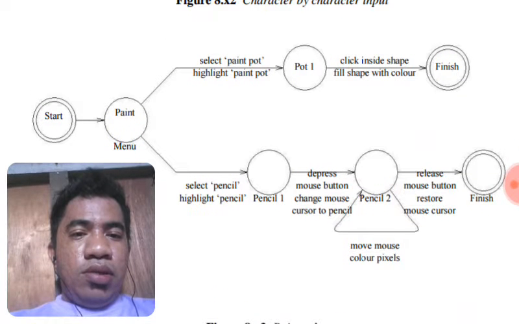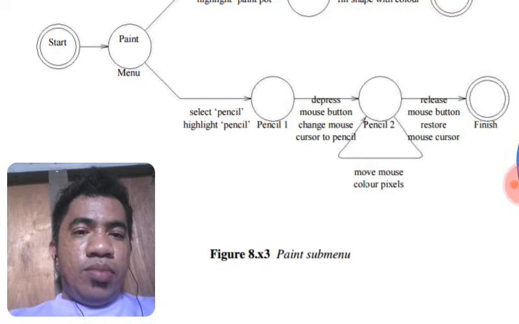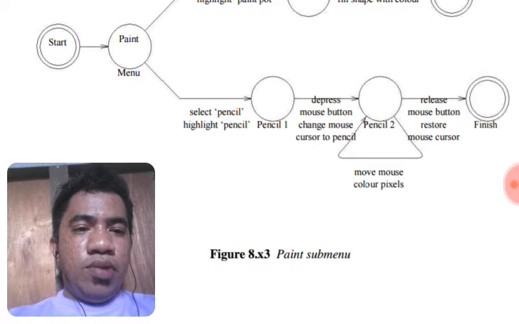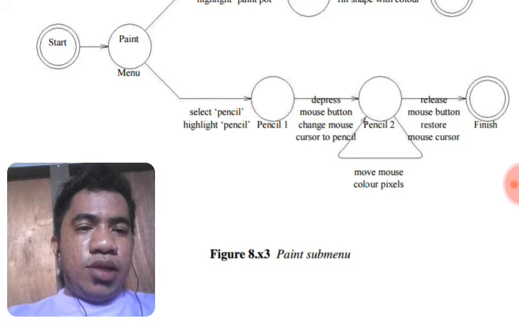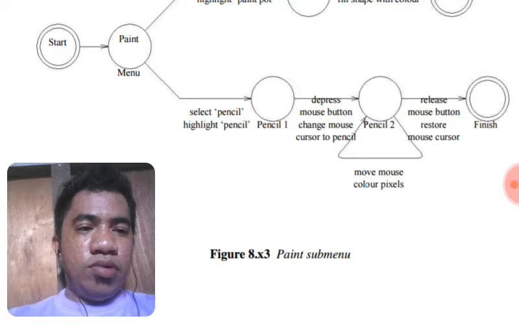Start, pen menu, select pot, highlight pen pot 1, click inside shape, fill shape with the color. Finish. Select pencil, highlight pencil 1, then press mouse button, change mouse cursor to pencil 2, move mouse, color pixel, release mouse button, restore mouse cursor.